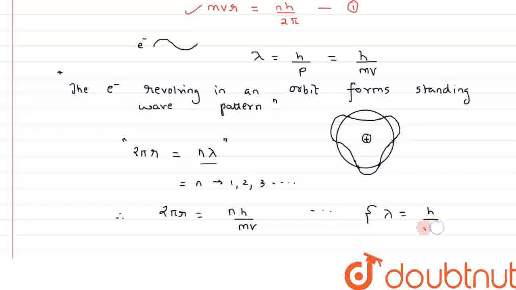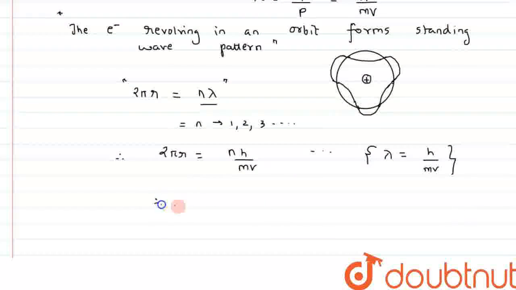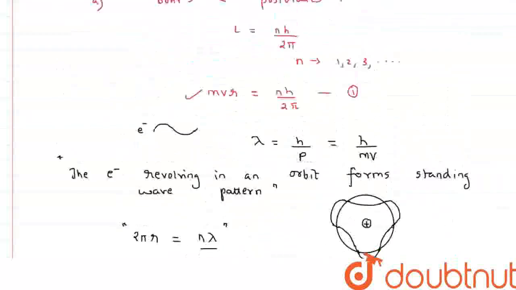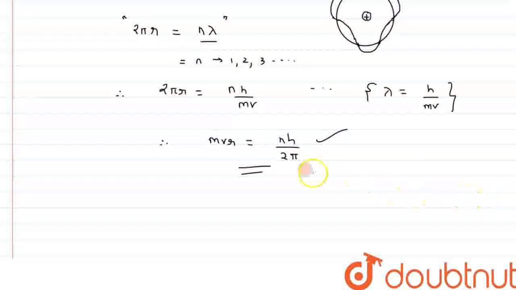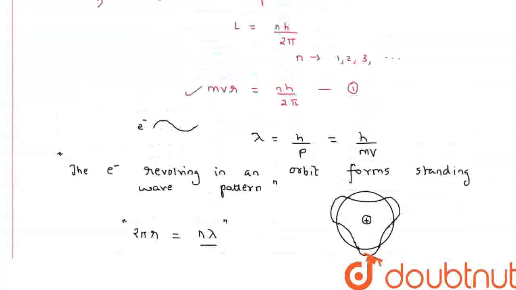So if we rearrange the terms, we get mvr equals nh over 2 pi. This is Bohr's second postulate, which we have derived from de Broglie's hypothesis. So we have proved it, and mvr is nothing but the angular momentum. So the first part of the question has been done.